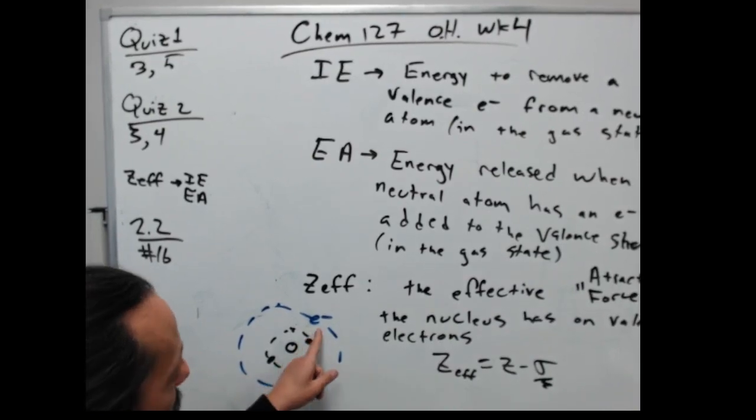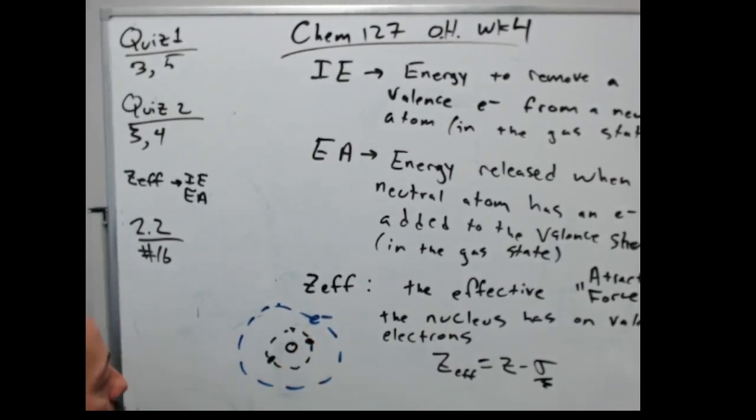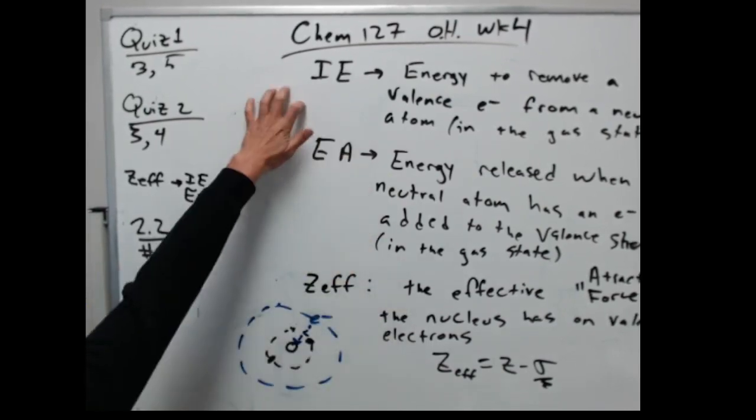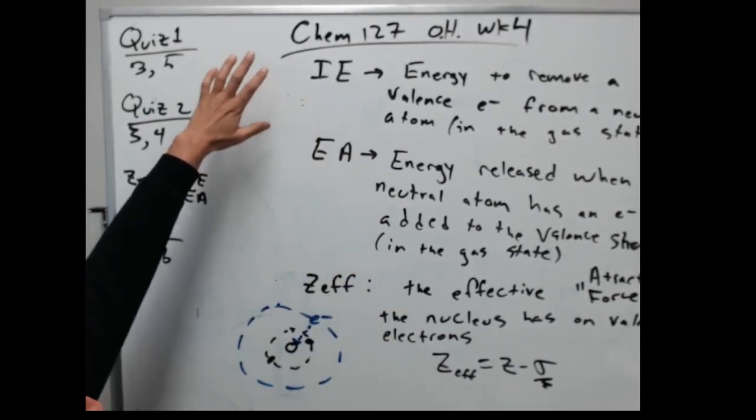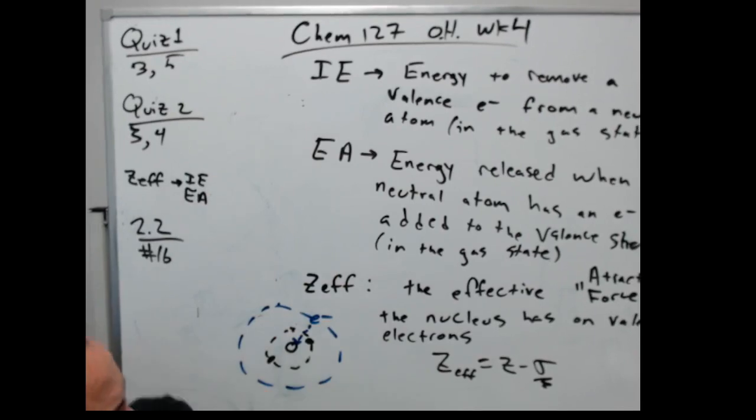And then how hard is it to remove that electron? Well, the more attracted that electron is to the nucleus, in spite of that shielding, the more effective nuclear charge, the more energy it takes to remove the electron. So I can see that ionization energy and effective nuclear charge directly relate to each other.